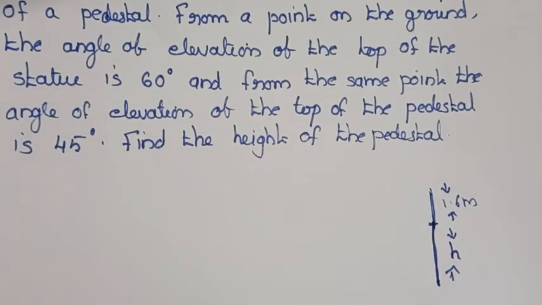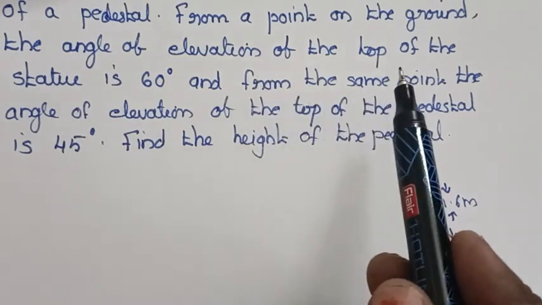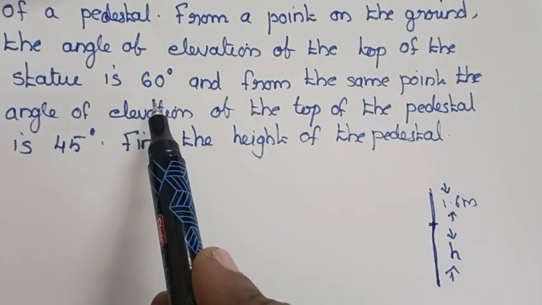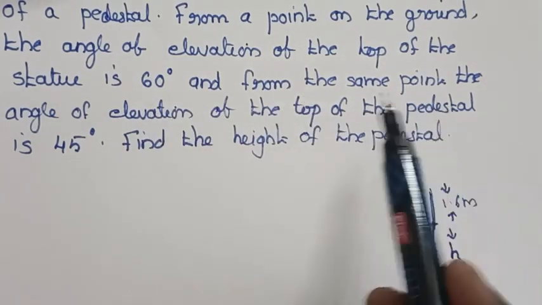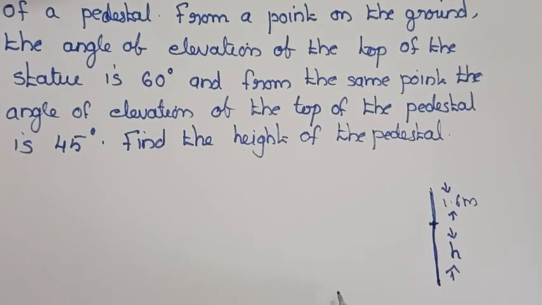Now from a point on the ground, the angle of elevation of the top of the statue is 60 degrees, and from the same point the angle of elevation of the top of the pedestal is 45 degrees. From a point on the ground, draw a straight line.